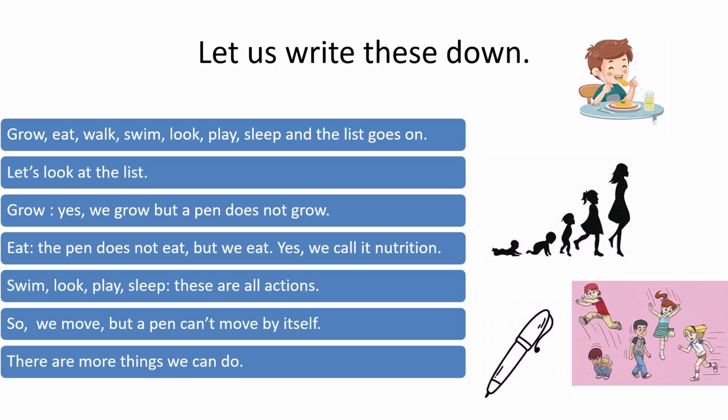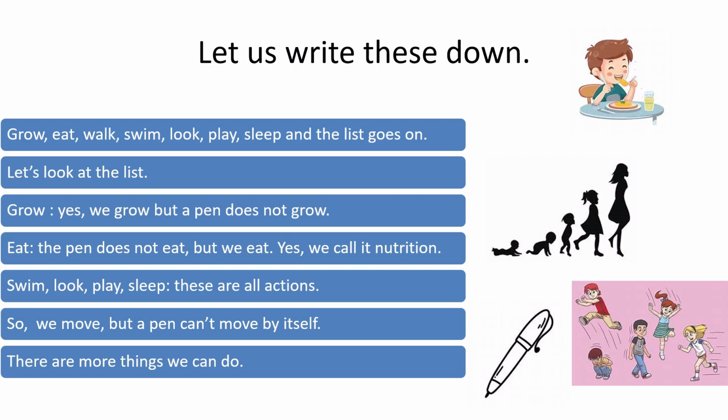Grow. Yes, we grow, but a pen does not grow. Eat. The pen does not eat, but we eat. Yes, we call it nutrition. Swim, look, play, sleep. These are all actions that we do. So, we move, but a pen can't move by itself.